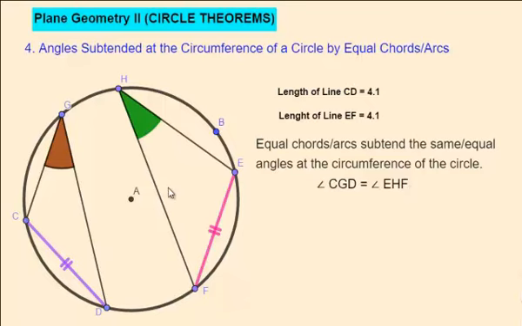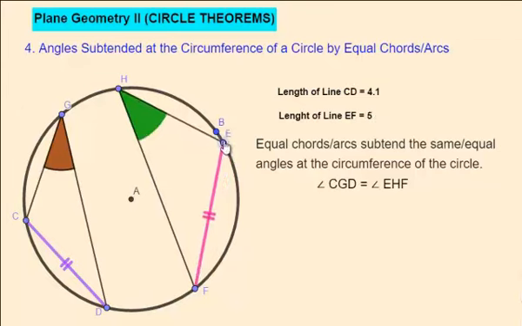Now there is something I want us to look at. I want to increase the length of one of the chords for you to observe, and you tell what happens. So the chord EF has been increased to 5. That's the length. Let me move angle CGD and see what happens.